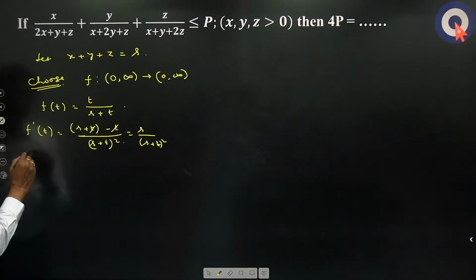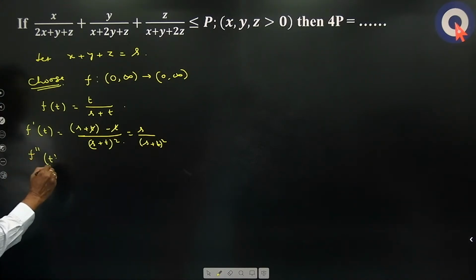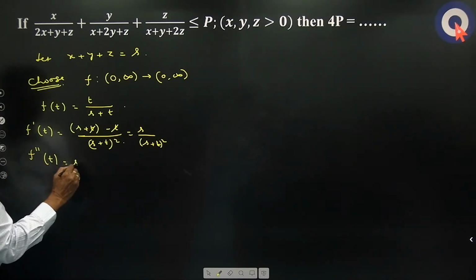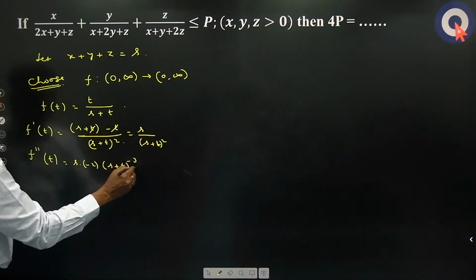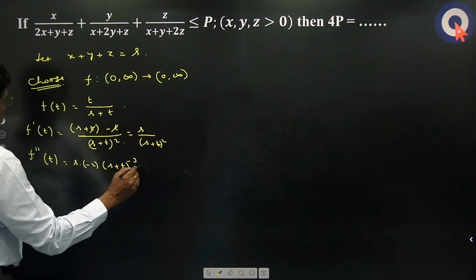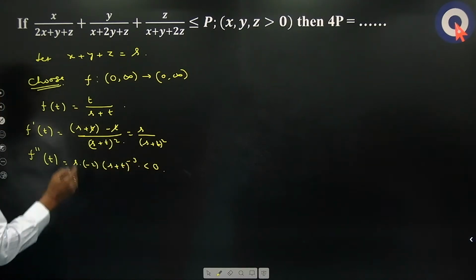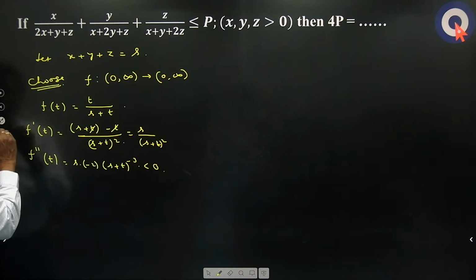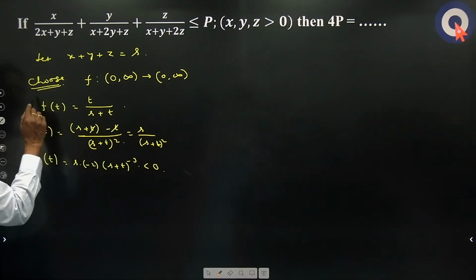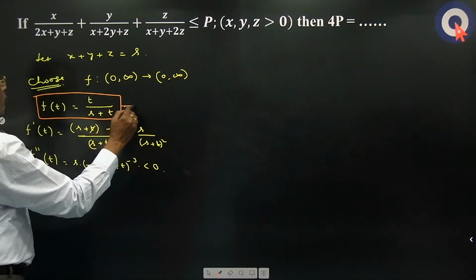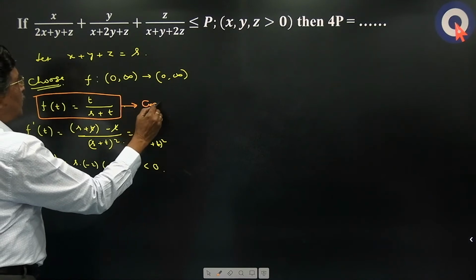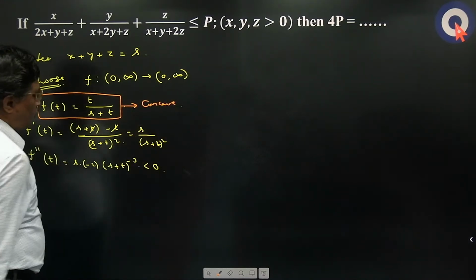So f double dash t is s into minus 2 into s plus t whole power minus 3. You can see it is negative. So f double dash t is negative. Therefore, because the second derivative is negative, the function that I have chosen is concave, right?